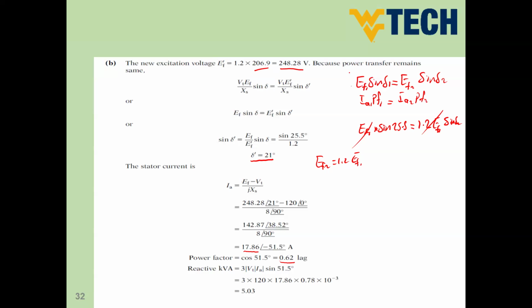You increase the excitation, so delta has to be decreased in order to keep this term constant. So from the calculations, 21 is indicating that our numbers are making sense. So delta has been decreased because the excitation is increased. Okay. So all of the time, guys, numbers have to make sense in our machine operation.